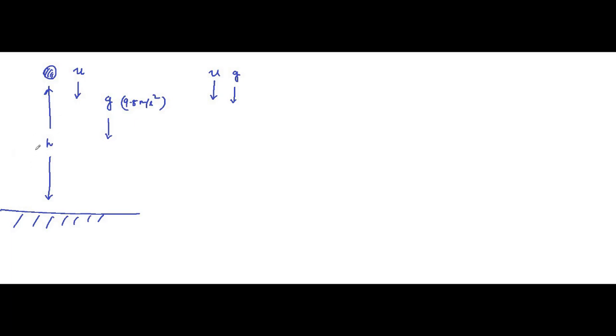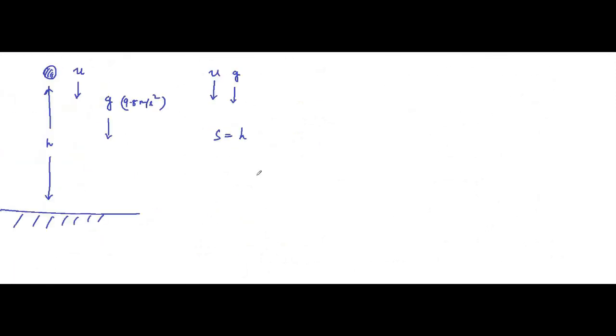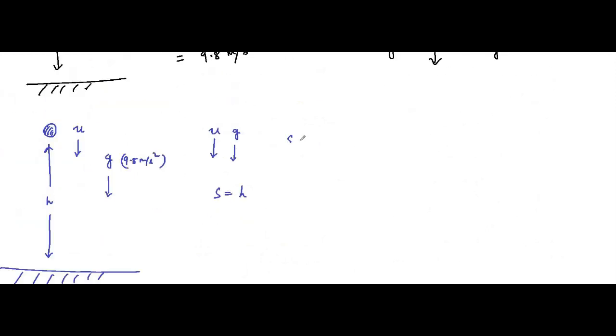Here the total distance or displacement of the object along this vertical path will be equal to S, which is equal to h. If we use the convention that downwards is negative, then here displacement S will be written as minus h, this as minus u, this as minus g.